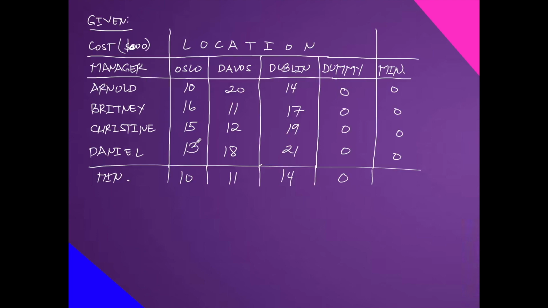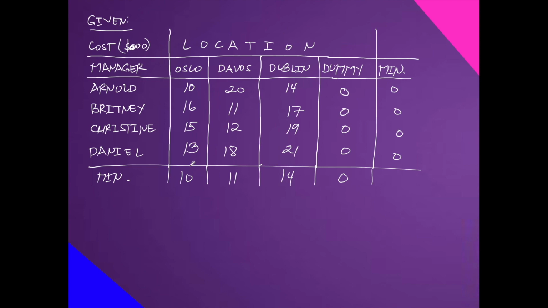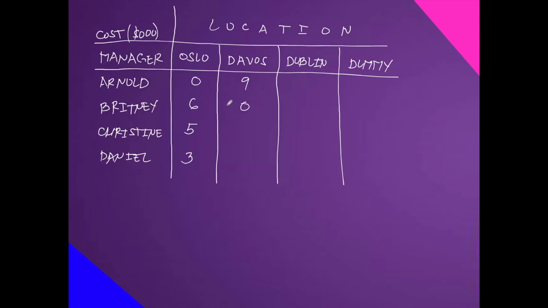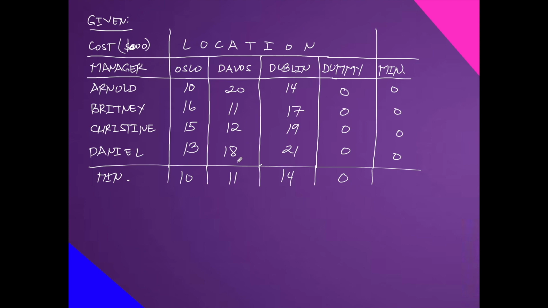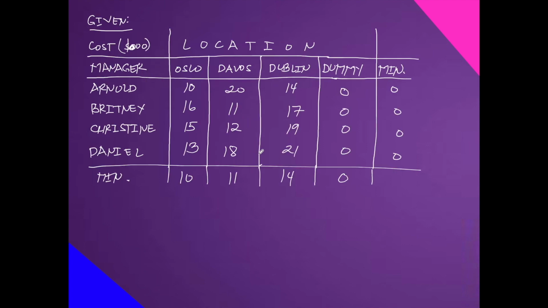Okay, next. For Davos. 20 minus 11, that is 9. 11 minus 11, that is 0. This is 12 minus 11, that is 1. 18 minus 11, that is 7. So, 1 and 7. Next, Dublin. 14 minus 14, that is 0.